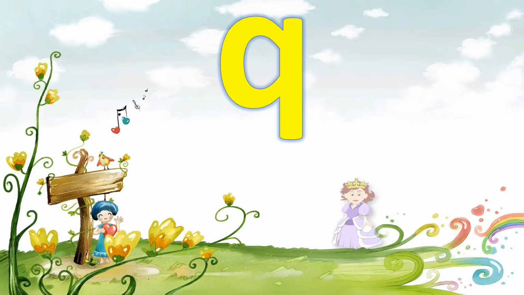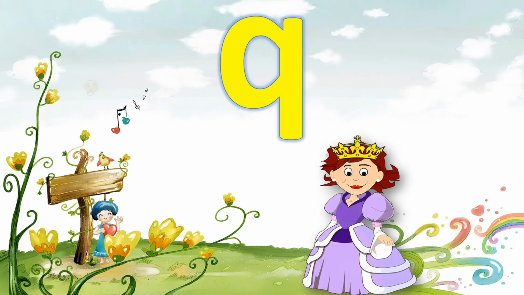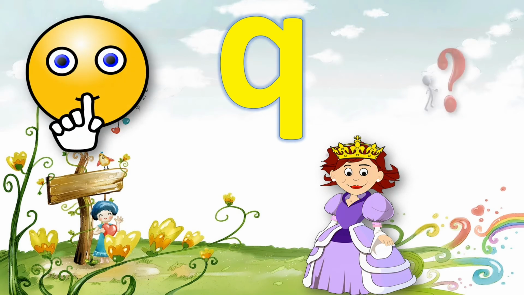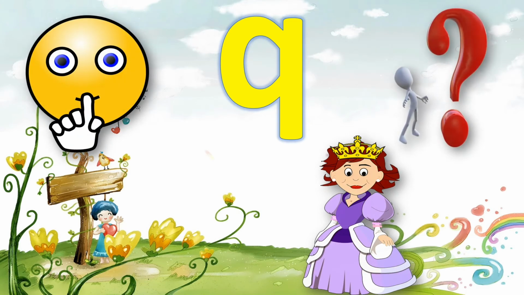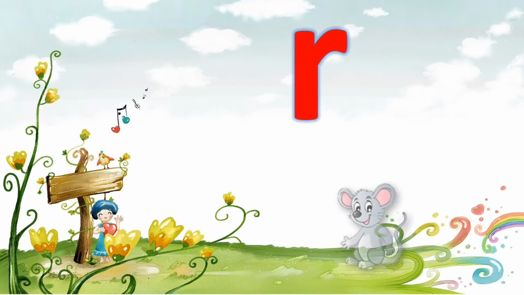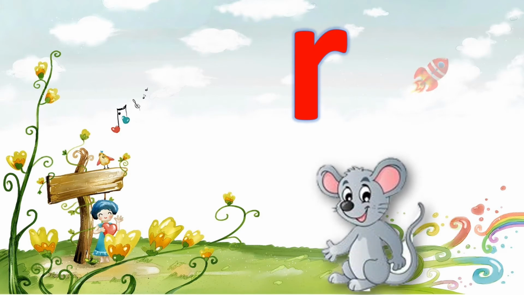Next letter is Q. Q is for queen. Q is for quite. Q is for question. And Q is for quill. R. R is for rat. R is for rocket.